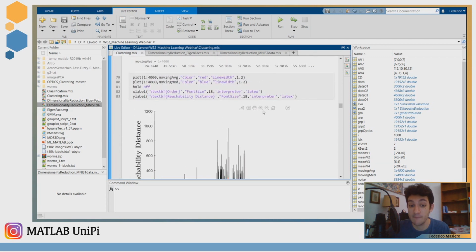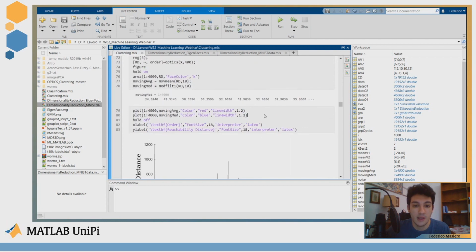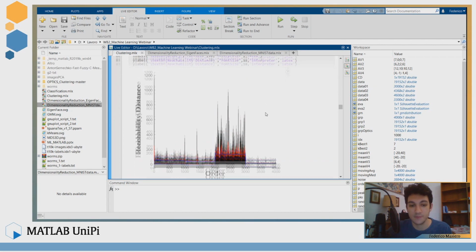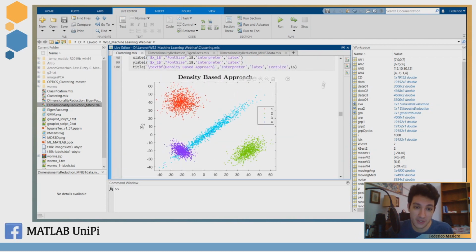This is not present in MATLAB. DBSCAN instead is present, but again, DBSCAN is not present in the machine learning toolbox, so you need to download one more toolbox to use it. And spoiler, this is the result using a density-based approach using OPTICS.